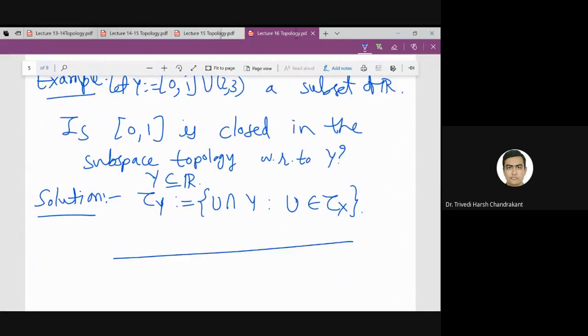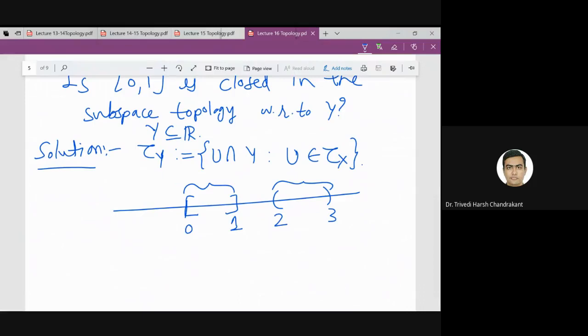So what is the set? The set is closed 0 to closed 1 union open interval 2 to 3. We are taking the union of these sets, that is Y.